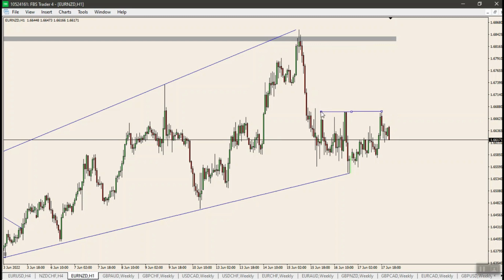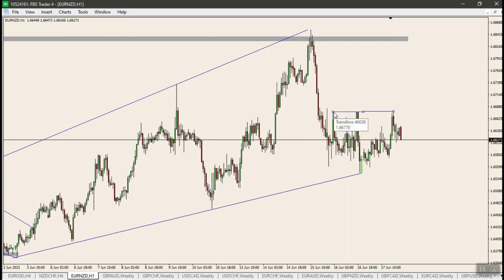Some sort of a, perhaps a continuation pattern to the low. A continuation pattern to the low, right? Sort of like what we identified on Nzdchf previously, right?